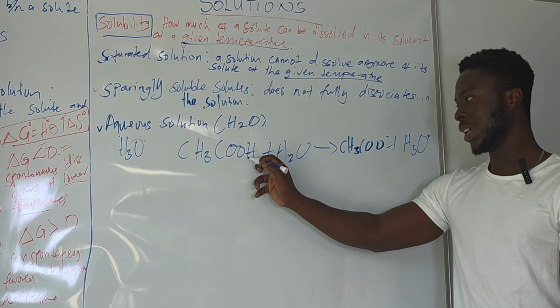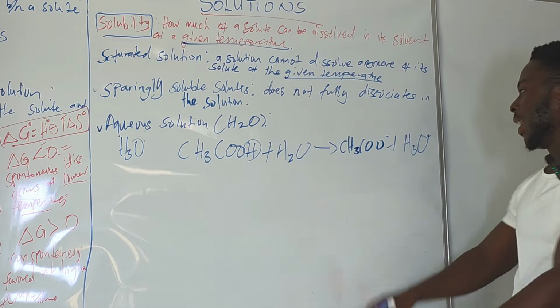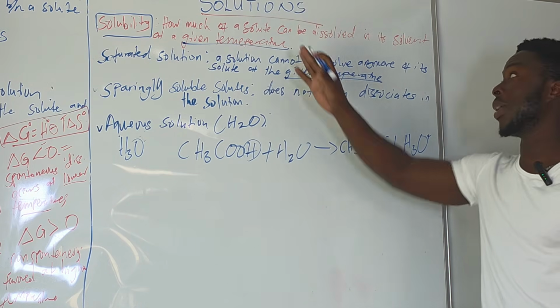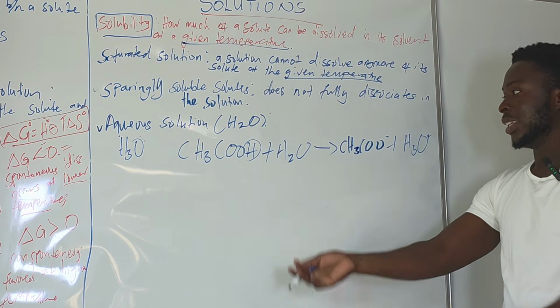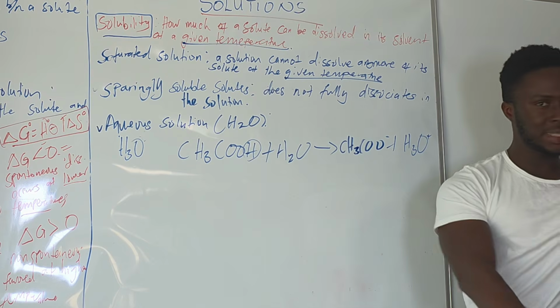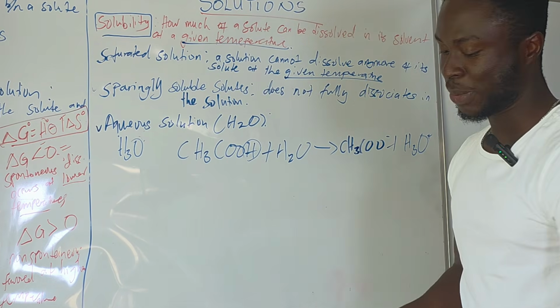So this H got deprotonated, and this one got protonated. Now, our next chapter is going to be acids and bases. So when we get there, this deprotonation and protonation, electron pair acceptor and donor situation will make sense in the next chapter.